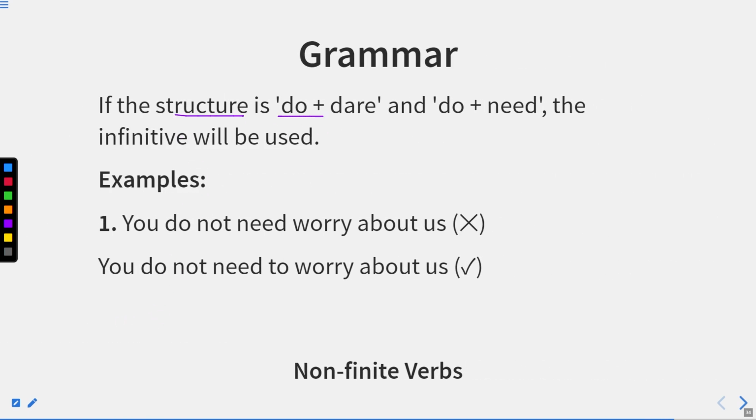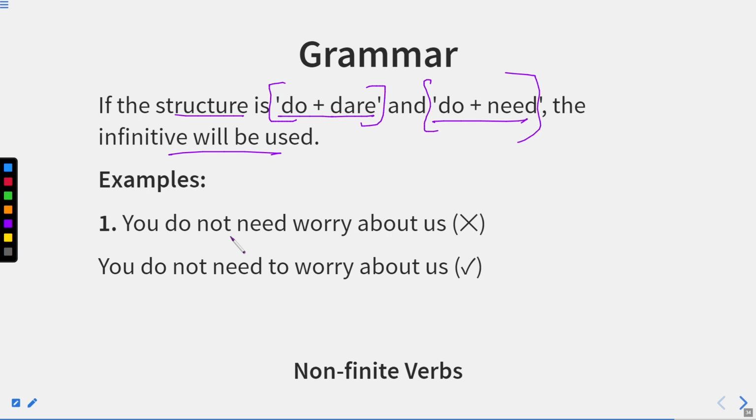If the structure is do plus dare, do plus need, now this is the structure do plus dare and do plus need, the infinitive will be used. Infinitive means to plus verb 1. But as I told you, with dare and need, we cannot add to. But if the structure is do plus dare and do plus need, we can use to.